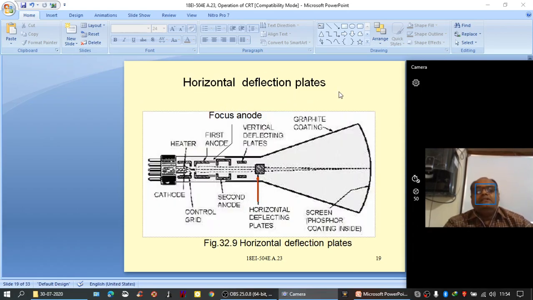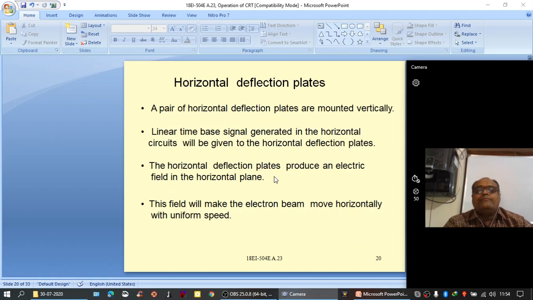Next, horizontal deflection plates. Here is a pair of horizontal deflection plates mounted vertically in the CRT. A pair of horizontal deflection plates are mounted vertically. A linear time-based signal generated in the horizontal circuit will be given to the horizontal deflection plates.